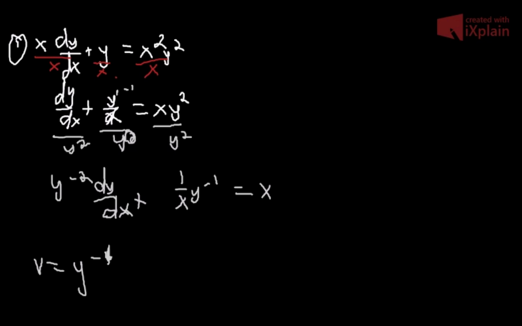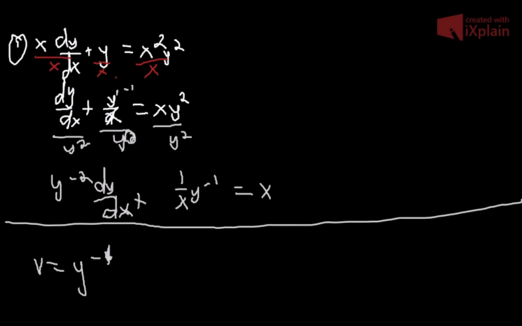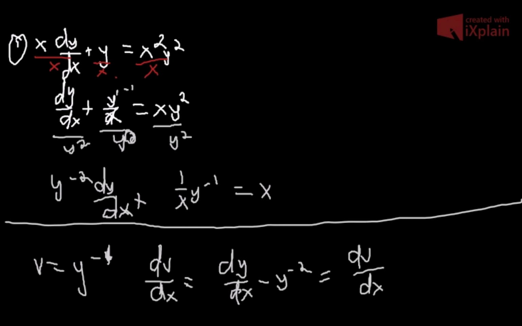So in this case, we need to differentiate this v implicitly, whereby we say dv over dx equals negative y to the power negative 2 dy over dx, right?